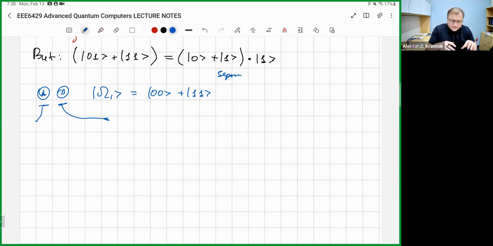Then you decide to measure your part of this entire system. Before that, you have to assume that your system is in the superposition of both 0, 0 and 1, 1.